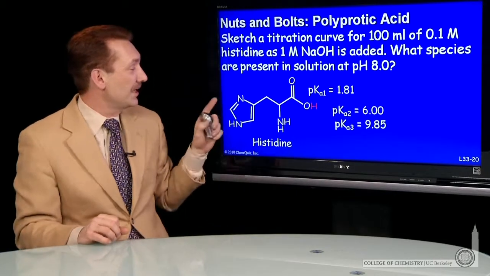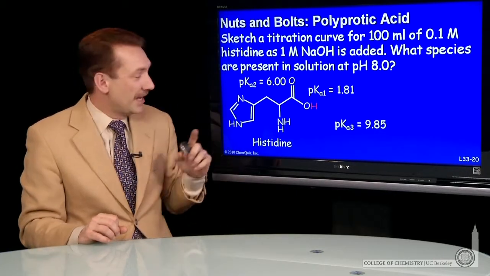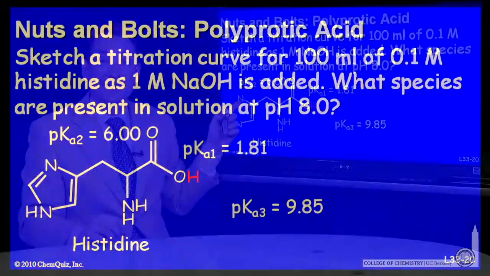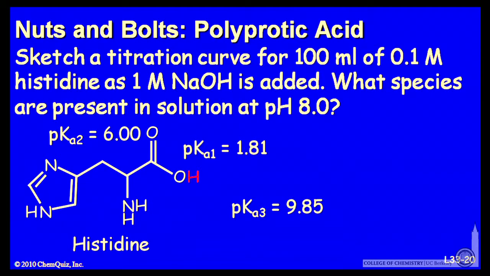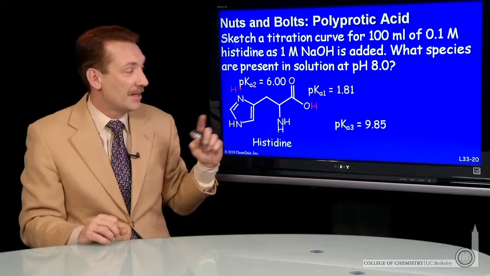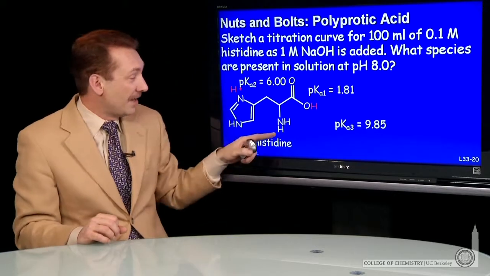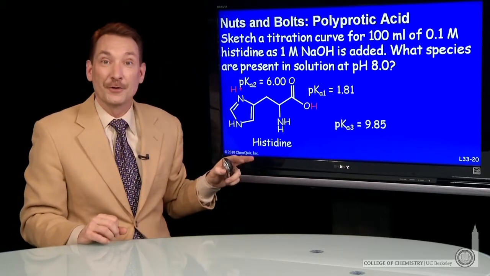pKa2 is associated with this site here, and I haven't drawn it with the proton on, so I've drawn it as at pHs that are much greater than 6, where the basic form predominates. But if it were at pHs less than 6, then there'd be a proton here. The final pKa of 9.85 is associated with this amino group here.